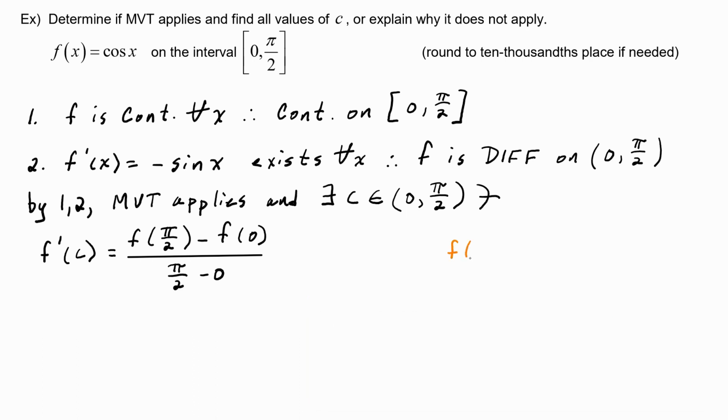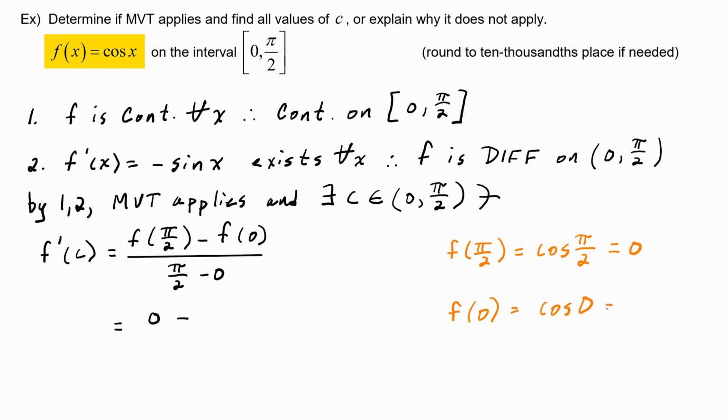Now f of pi over 2 means that we are doing cosine of pi over 2, which is 0, so we can fill that in, minus f of 0, which will be the cosine of 0, and that's equal to 1.